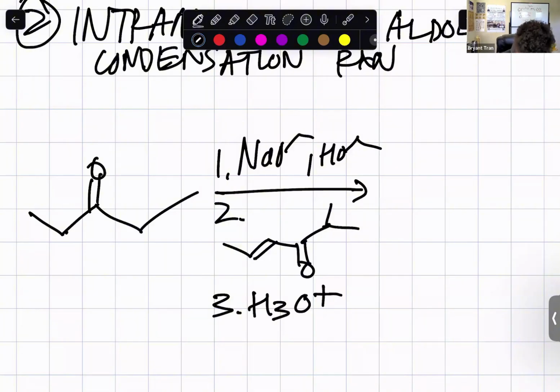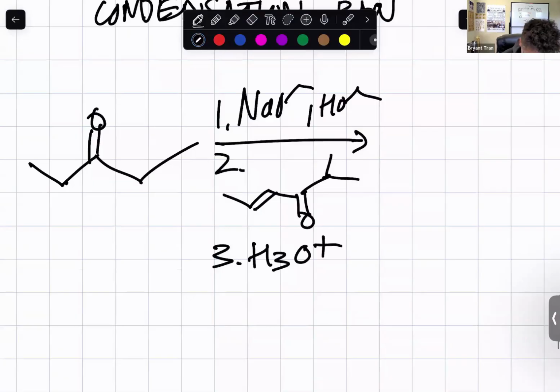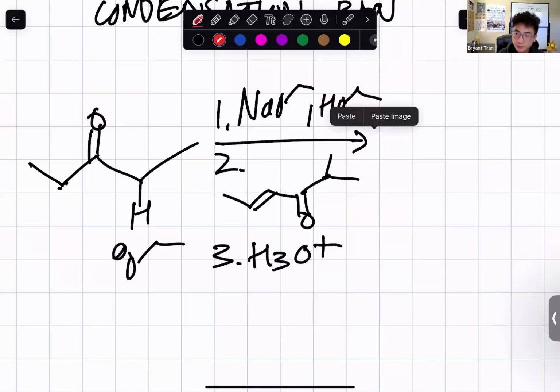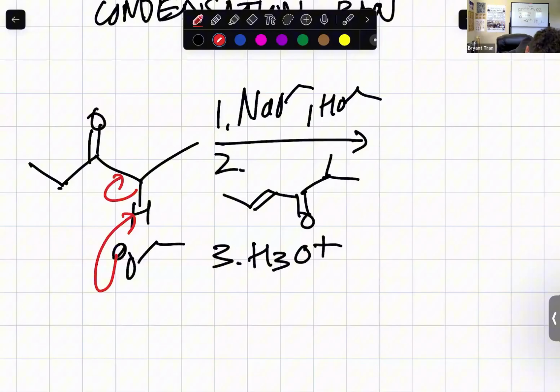So the first thing here, we have a ketone reacting with the first reagent, a base. So we're going to look for the most acidic proton, which is going to be one of these alpha protons here. It doesn't matter because it's symmetrical. If it was asymmetrical, you could get different products, right? But let's say that we form this enolate ion, which is a reversible nucleophile.